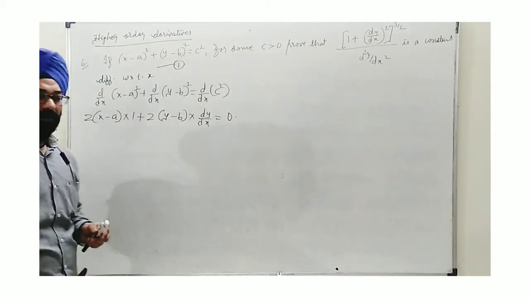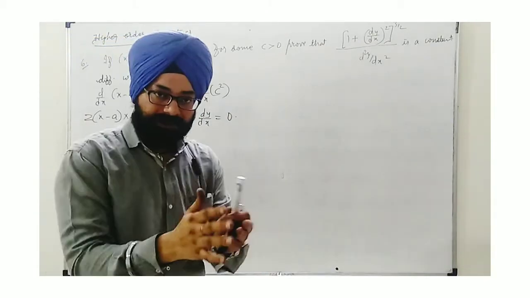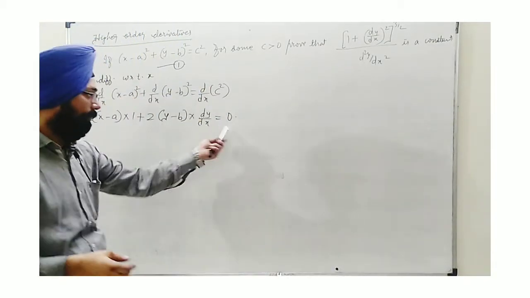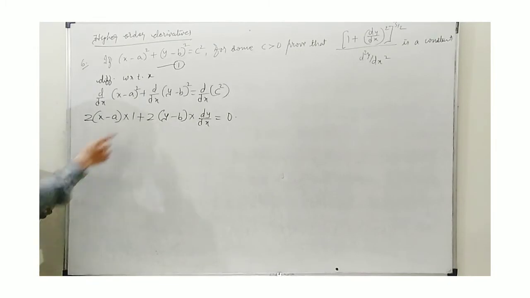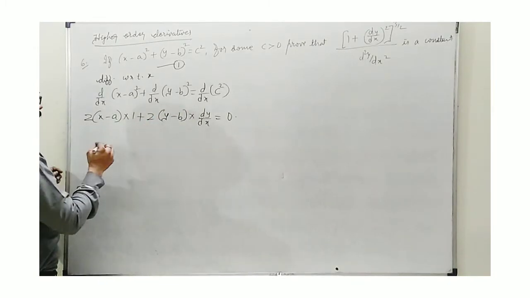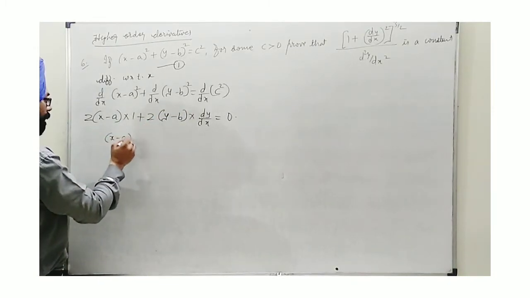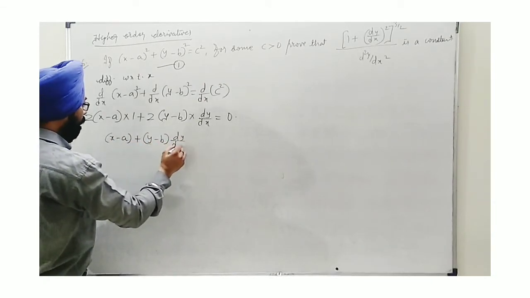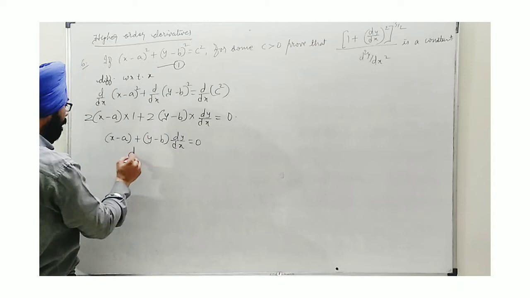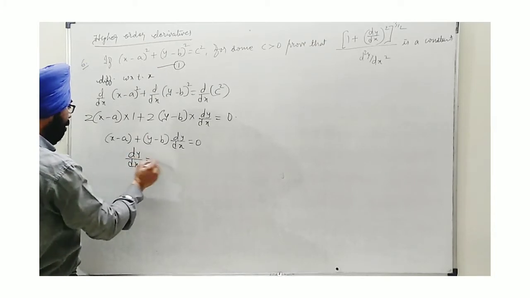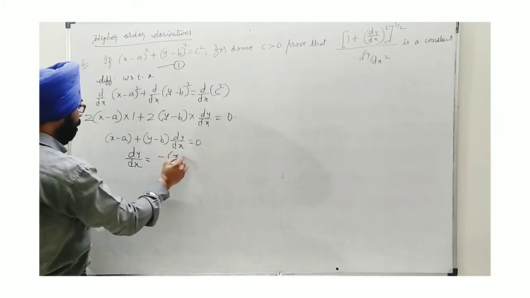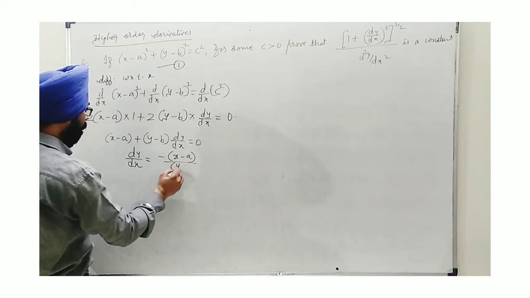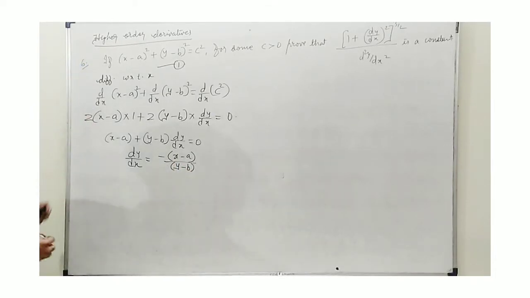Constant, we can conclude one more thing: the radius of the given circle is a fixed length, constant, that's why differentiation will turn 0. With 2 taken out as common, we are having x minus a plus y minus b dy by dx equal to 0, and finally the value of dy by dx by shifting we can get minus x minus a upon y minus b.